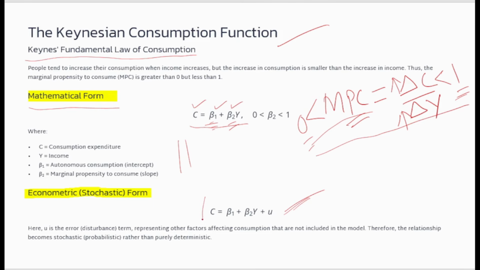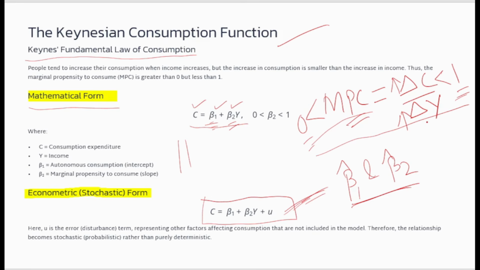In this way we can create an econometric model for the Keynesian consumption function, and we can estimate this model to find beta 1 hat and beta 2 hat, so that we can make a forecast: if the income increases by any amount, how much it will impact the consumption of an individual.